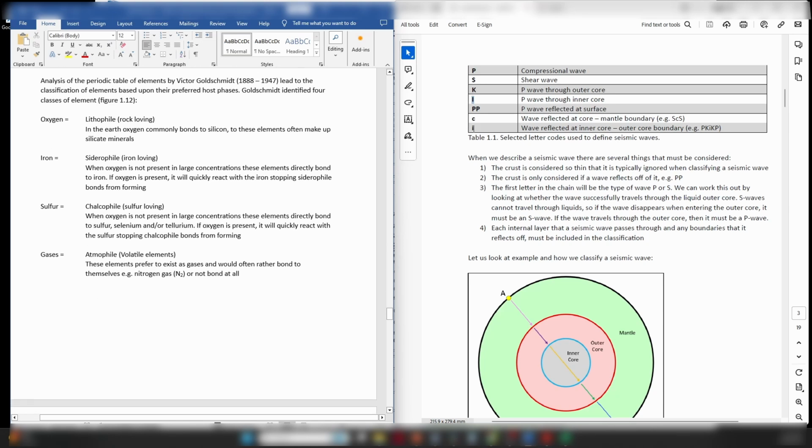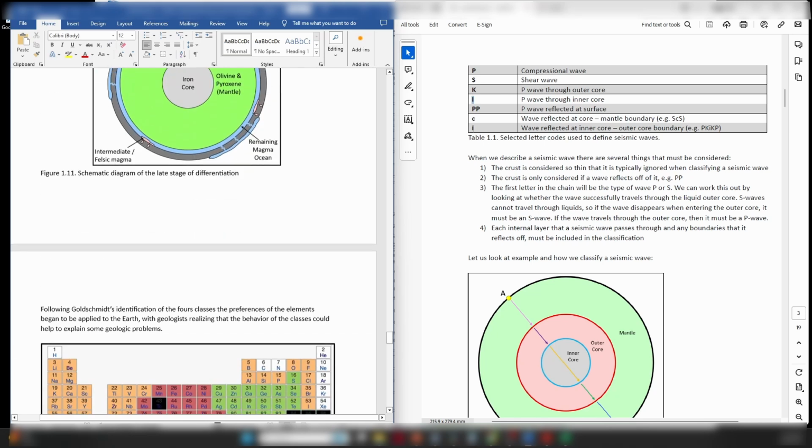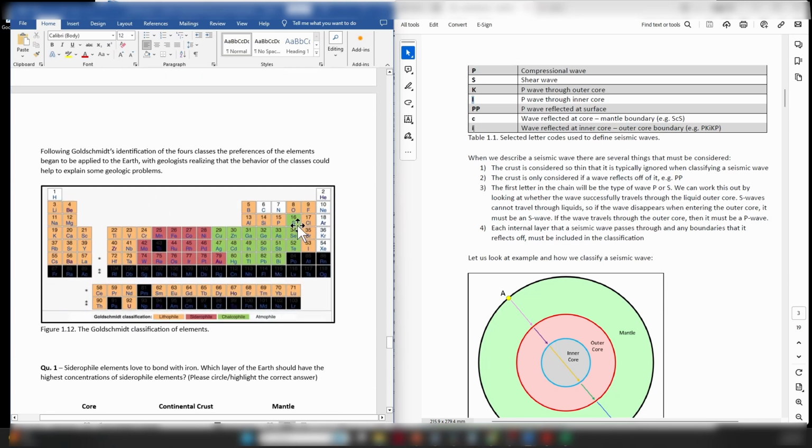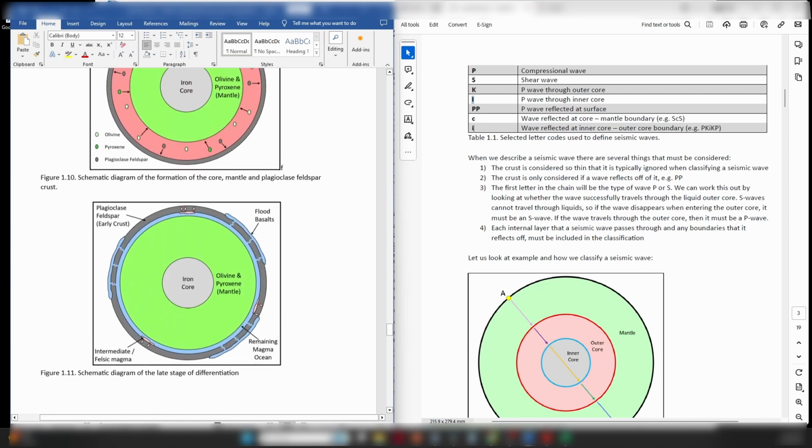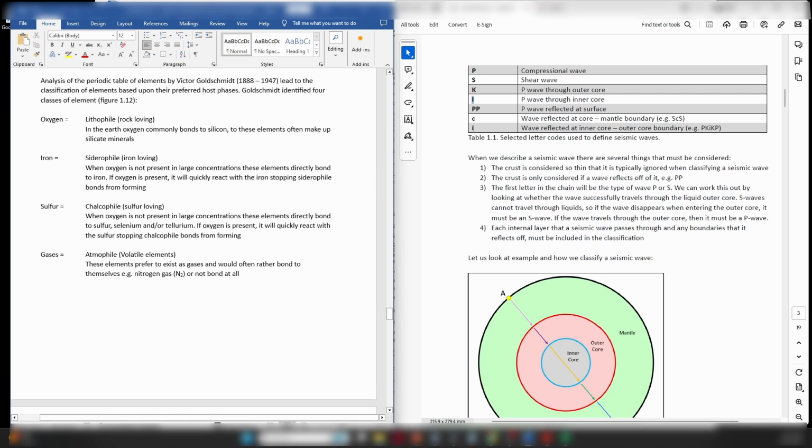Next, we have the chalcophile elements. These are sometimes referred to as the sulfur-loving elements, but they won't just go with sulfur. So if we just come down to the periodic table again, you can see there's sulfur, okay? But these elements will also follow selenium and tellurium as well. And so yeah, just like the siderophile elements, these elements will want to go with sulfur, tellurium, or selenium, unless there's oxygen around.